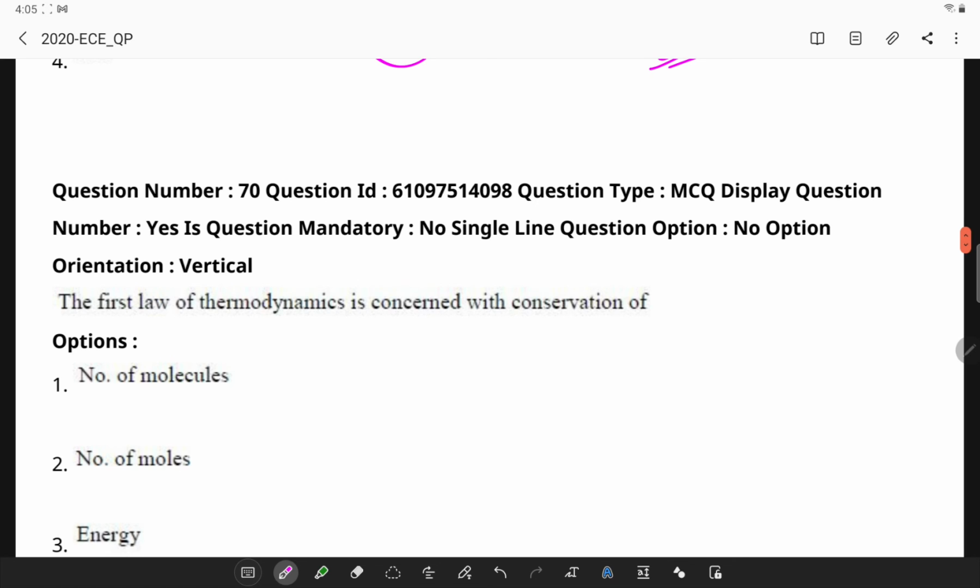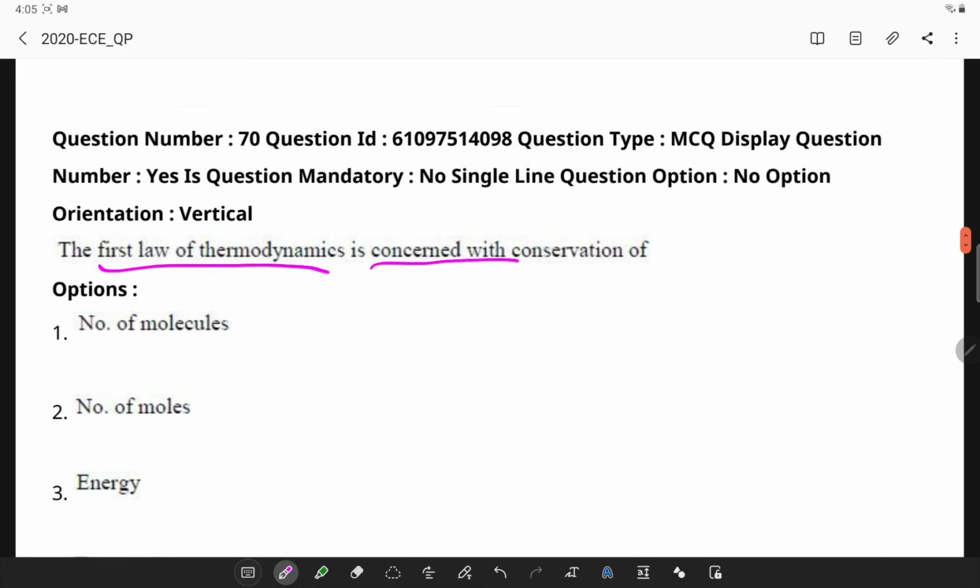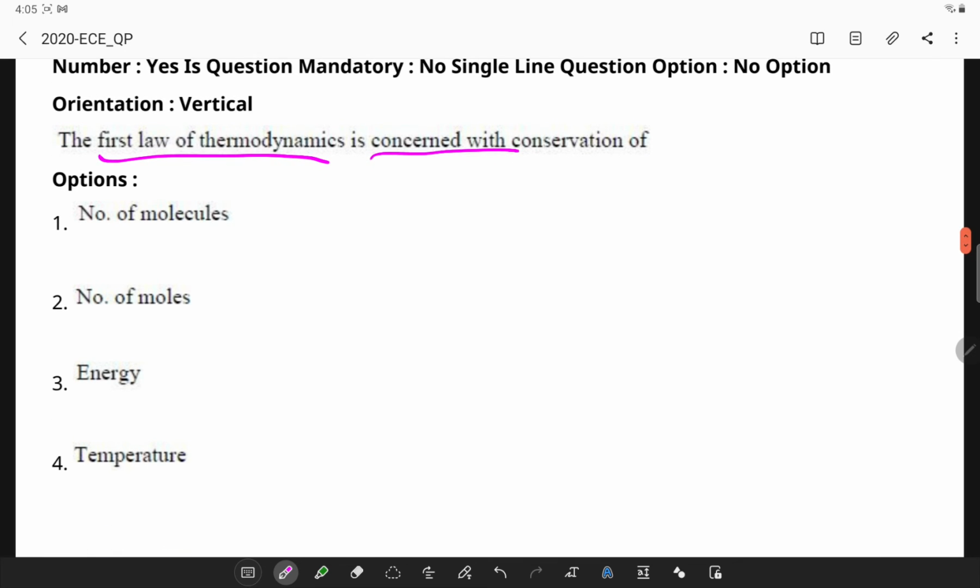Next question, 70th question. The first law of thermodynamics is concerned with this purely theoretical question. So what is it? Any guesses?